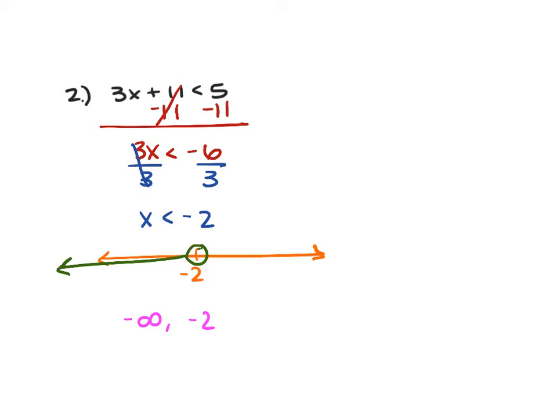Because this is going to negative infinity, that negative infinity has parentheses on it. Because we have an open circle, that negative 2 also has a parentheses on it. So this interval notation, parentheses, negative infinity, comma, negative 2, close parentheses, just represents that our variable is less than negative 2.